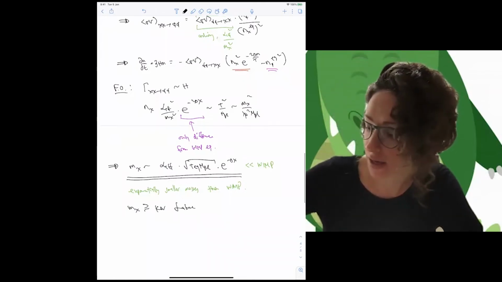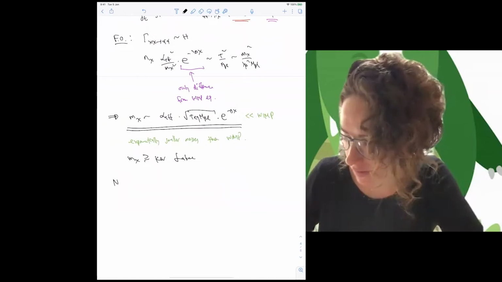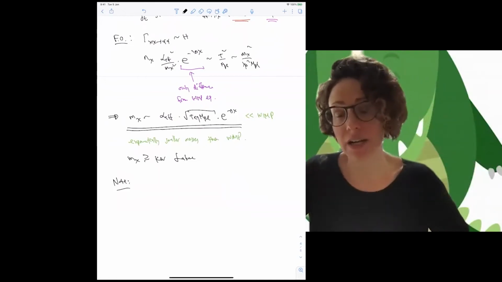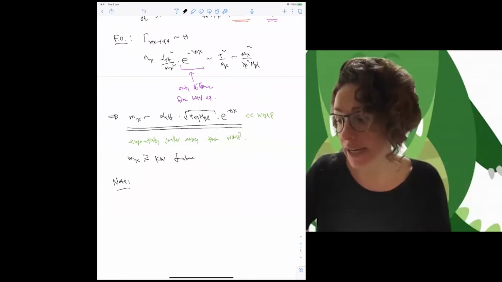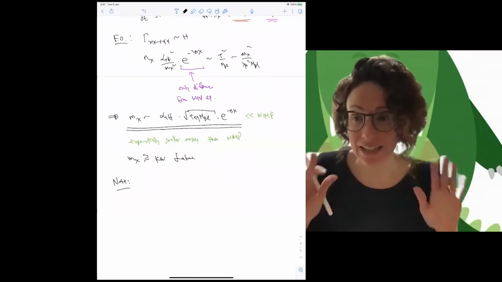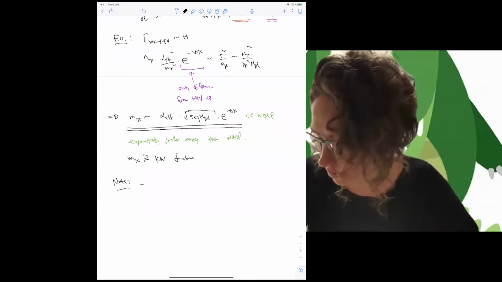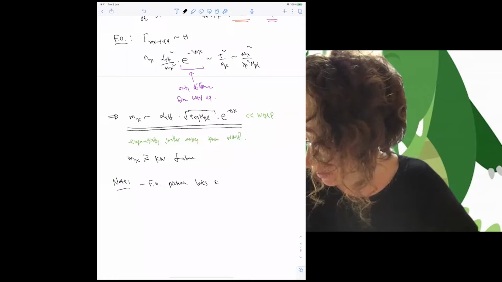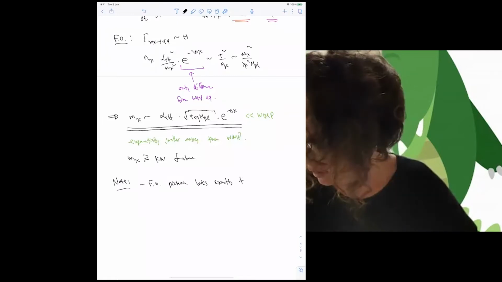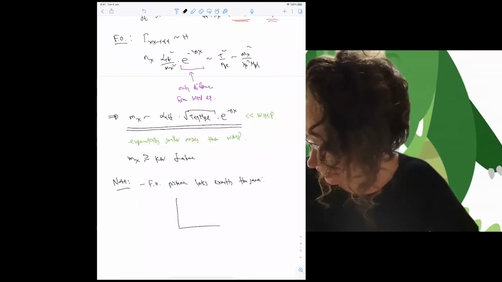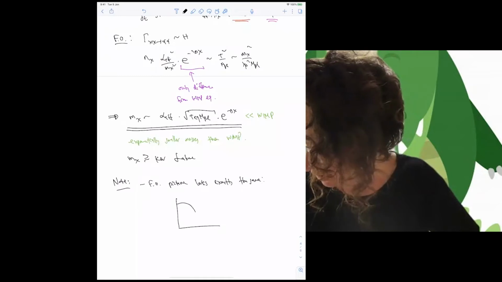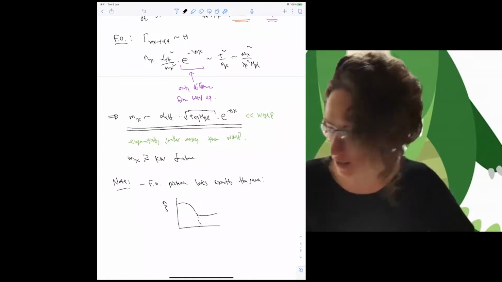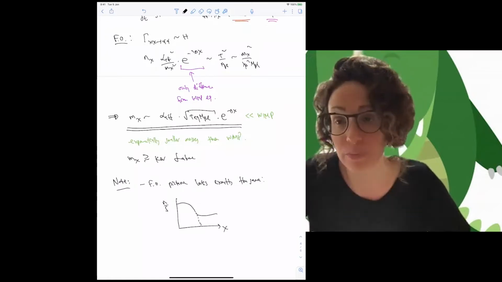Now, just two notes about this. If we wanted to take the Boltzmann equation and properly solve it and ask what freeze-out looks like, it looks exactly like it did for the WIMP. This freeze-out picture that we derived looks exactly the same, where we looked at the number density normalized to the entropy density as a function of temperature or x.